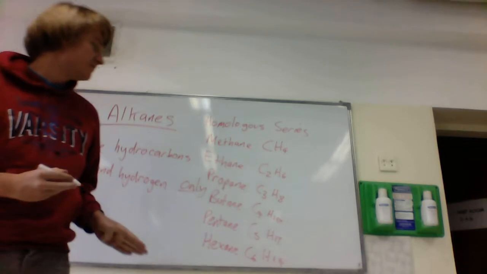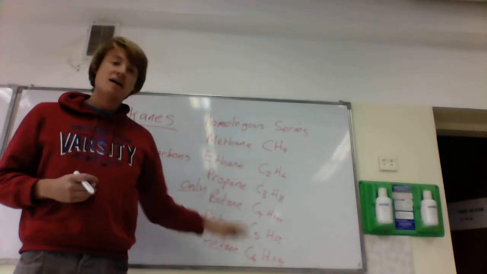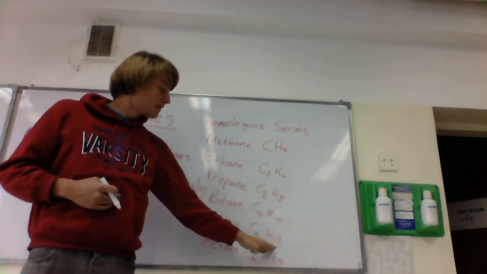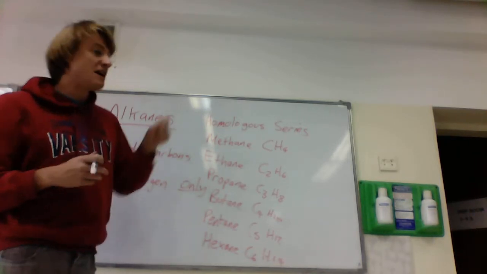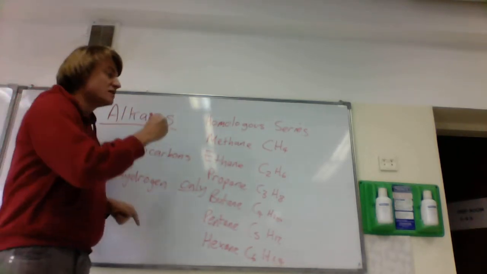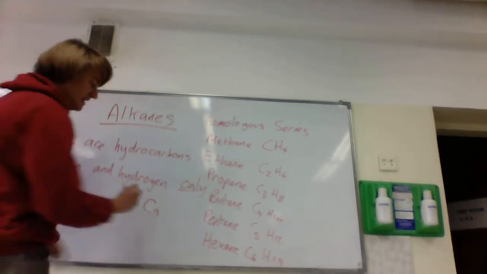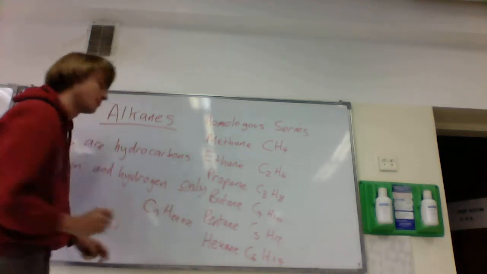Now, can you see the general pattern with those alkanes? The general pattern is that as we increase the number of carbon atoms, we increase the number of hydrogens by 2. So the general rule is we have Cn, then it's H2n plus 2.